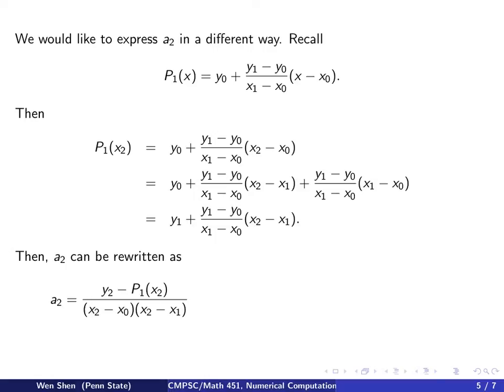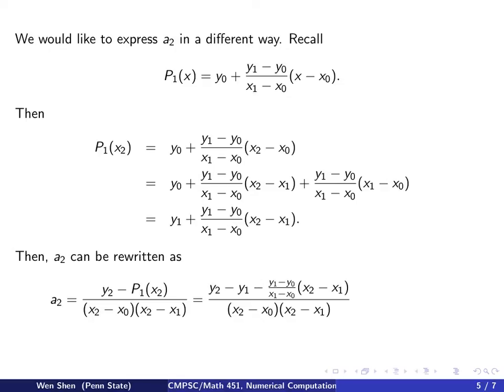Now we can plug this into the expression of a2 and rewrite it. So this is the expression for a2 we got, and where p1 at x2 appears, we just worked out a new expression for it, so let's plug it in. After plugging it in, at this step I will divide both numerator and denominator by the factor x2 minus x1.